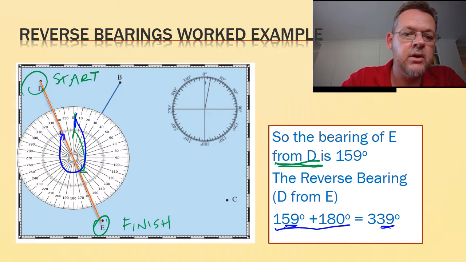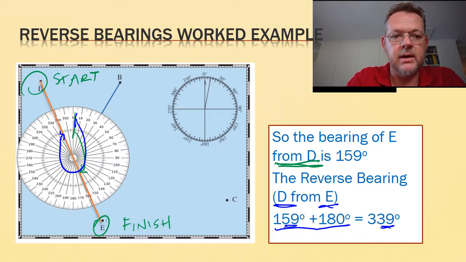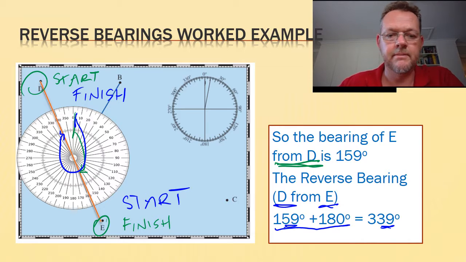So I'm starting off at 0 and I'm reading clockwise. So the reverse bearing, that is D in this case, from E. In this case, this will be the finish because that's now the reverse, and starting from E, that's going to be the start when we think about reverse bearings.